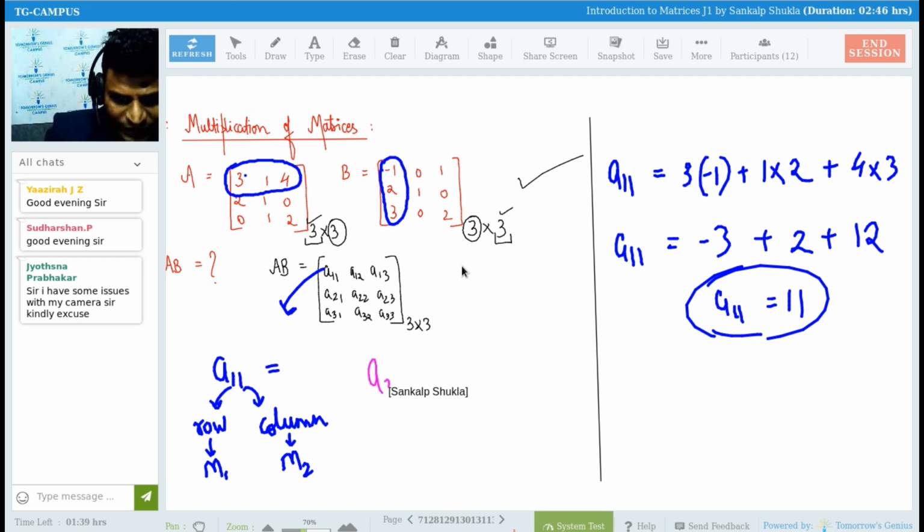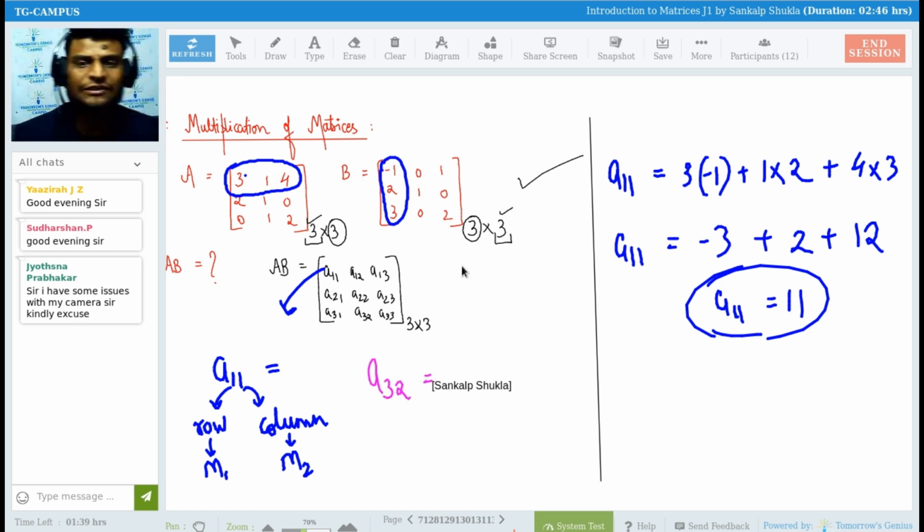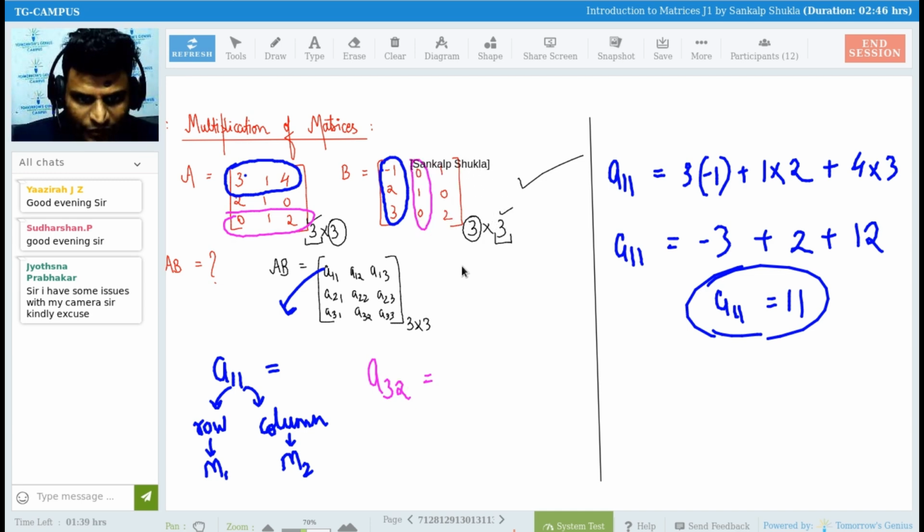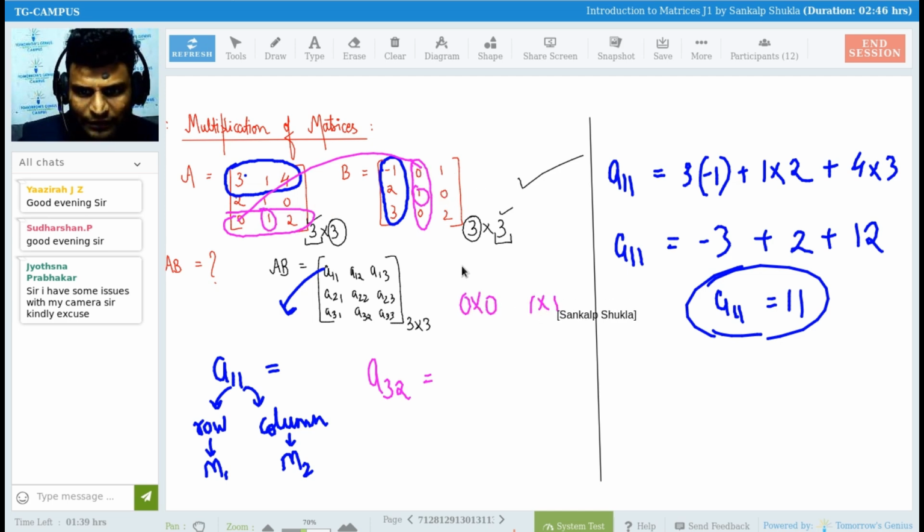Now suppose I have to find A32. So what will be A32? We have to look for the third row in matrix 1. So the third row is this. And 2 means we have to look for the second column in matrix 2. We have to look at this. So 0 into 0, then 1 into 1, and then 2 into 0, and then add.